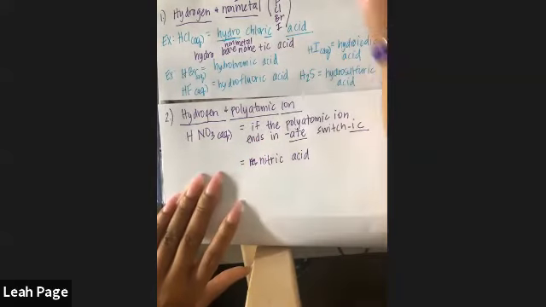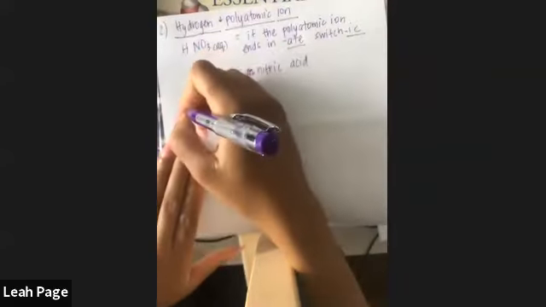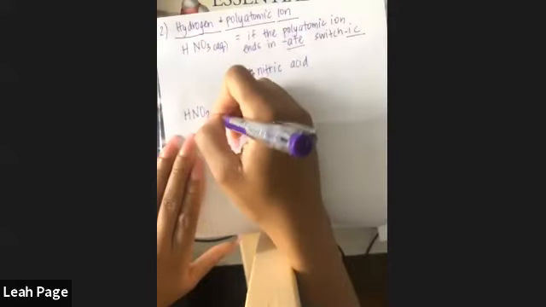the ATE to IC. Now, if your polyatomic ion ends in ITE, for instance, like the polyatomic ion nitrite, when I write the formula for it, nitrite is NO2, and then I put an AQ next to it.